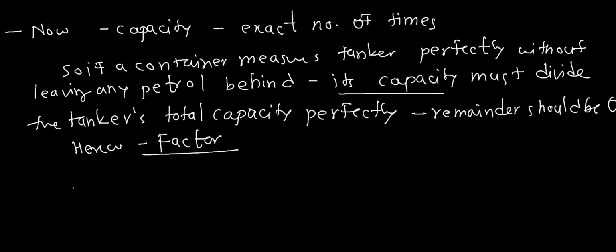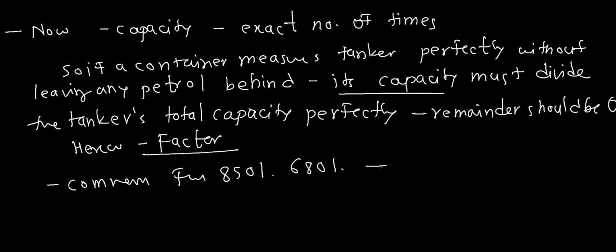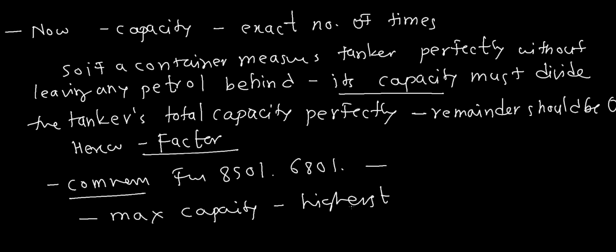And also this container's capacity should be common for the 850 liter tanker and the 680 liter tanker. So the next term comes as common. Now also we need to find out max capacity. So that is highest capacity.